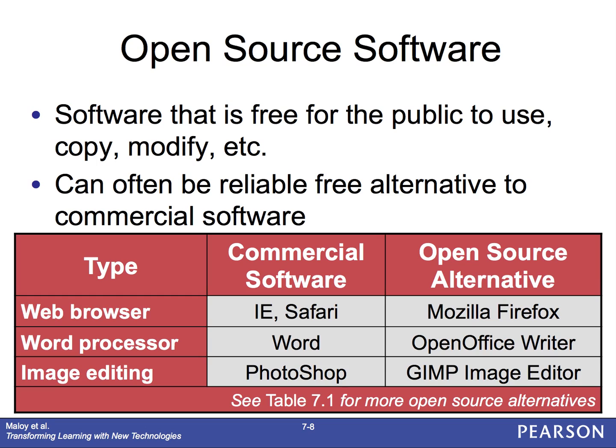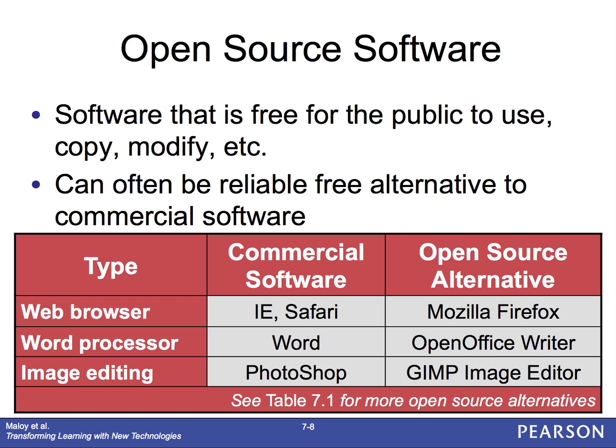Commercial software that you pay for when you buy a computer is Internet Explorer and Safari, although you can download them for free. So I'm not really sure why they're considered commercial software. But an open source software alternative is Firefox, and sometimes open source works better than commercial because Firefox works a lot better, in my opinion, than Internet Explorer or Safari.